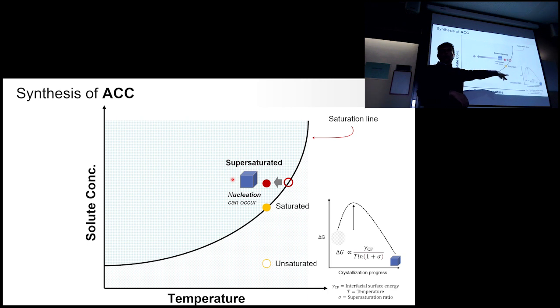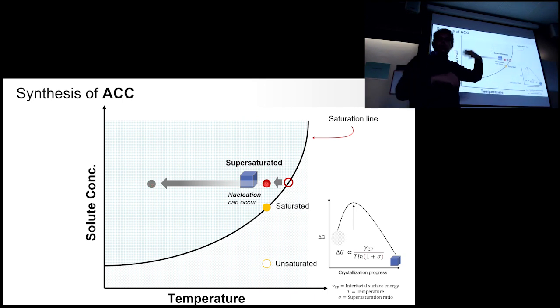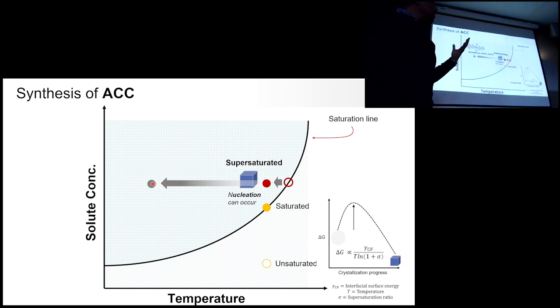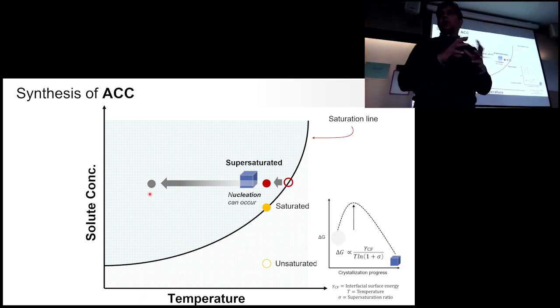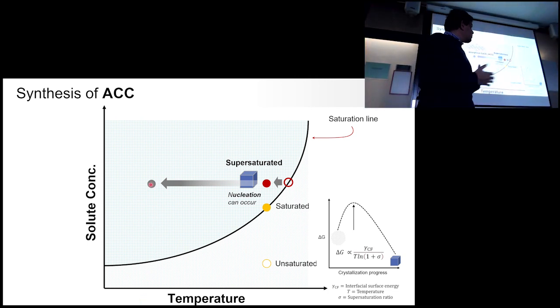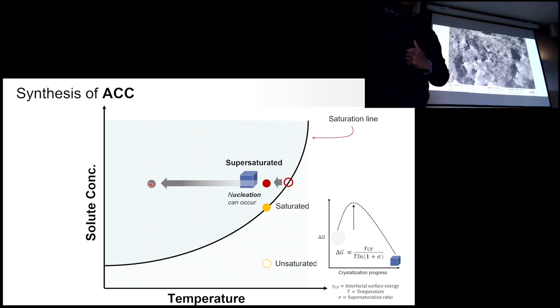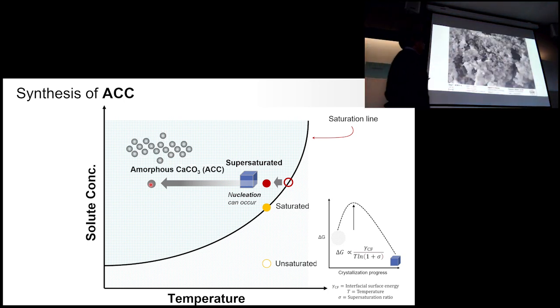What we are doing is significantly increasing the level of supersaturation. When you increase the supersaturation so much, the delta G reduces, and then you have amorphous calcium carbonate particles formed in the solution, and then you can store them.